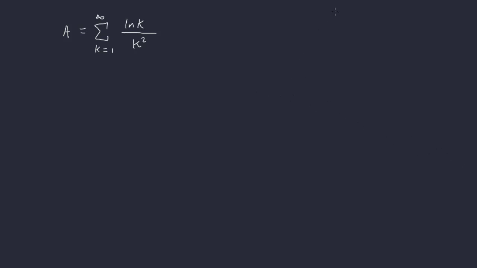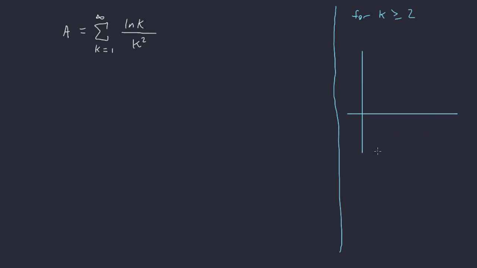If we tried to use the direct comparison test, well, one thing we can use is that for k greater than or equal to 2, I think it is, our natural log looks like this.